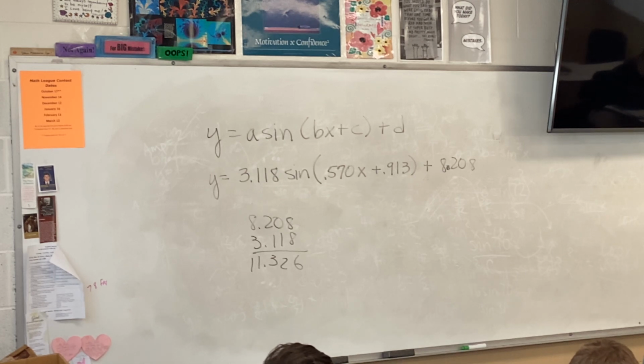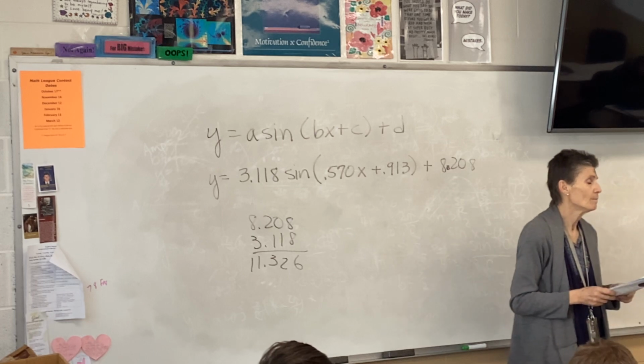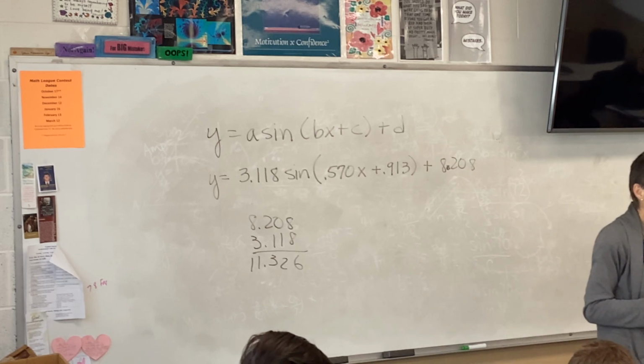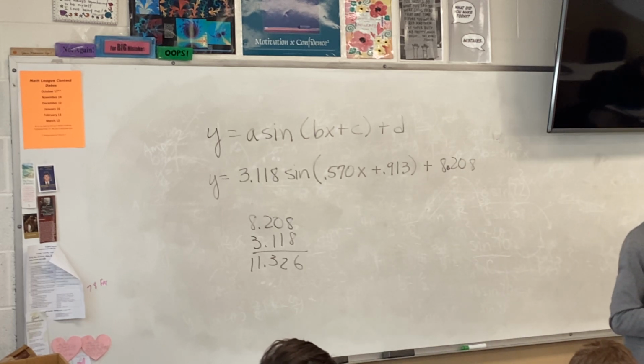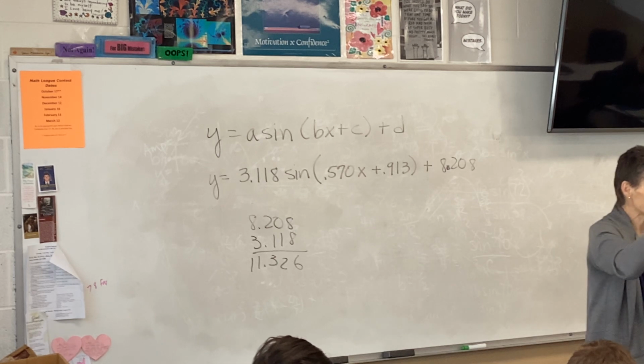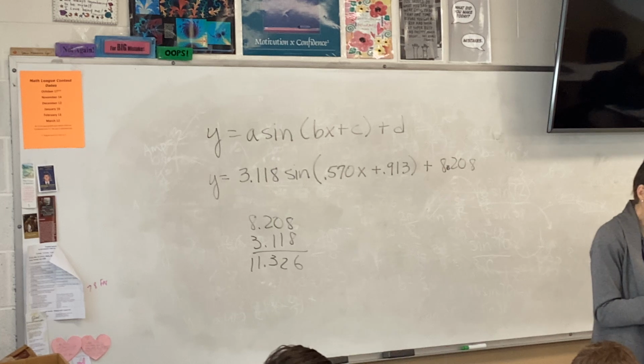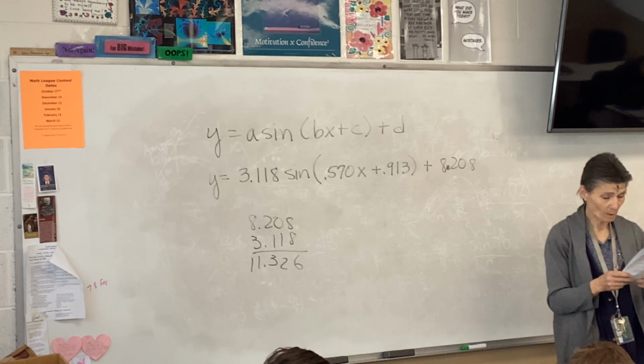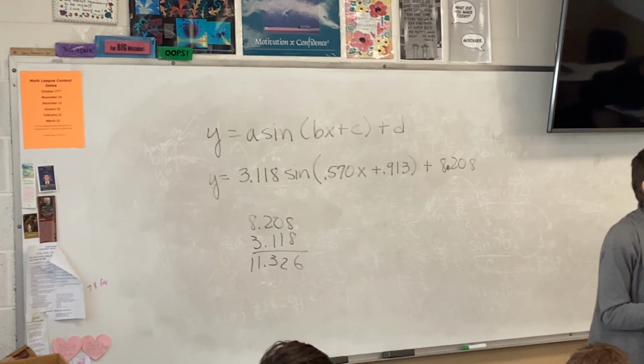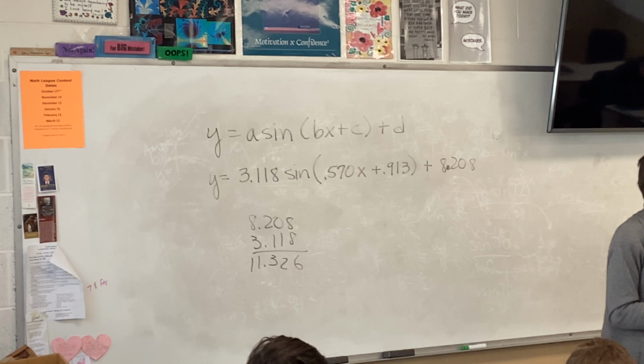What's the diameter of the Ferris wheel, and how do you know? 40, and how do you know? Because she went up 20 and down 20. And how long does it take the Ferris wheel to make one complete revolution? That would be its period, right?